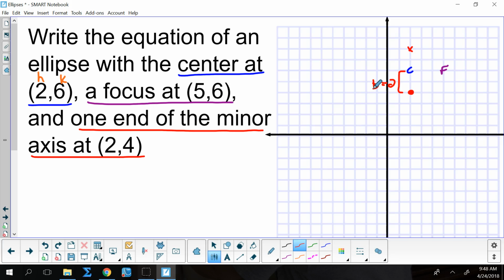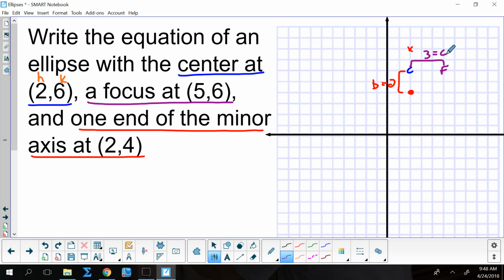You can figure out the a value by putting it into the equation for finding foci, because this value right here is 3, which is c. Okay, so I don't have a, but I have c, and we have b.